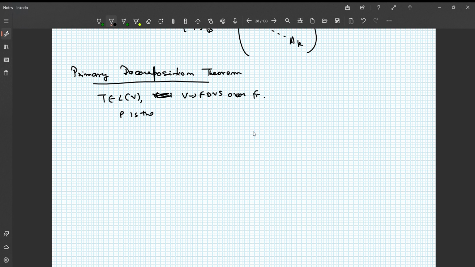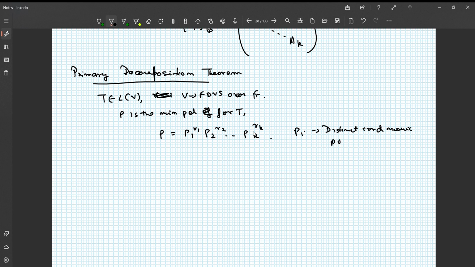Small p is the minimal polynomial for T, and we have a certain form of this minimal polynomial, which is p1 to the power r1, p2 to the power r2, and so on till pk to the power rk, where each of these pi's are distinct, irreducible, monic polynomials over F, right? And each of these ri's are positive integers. We had this in our hand.